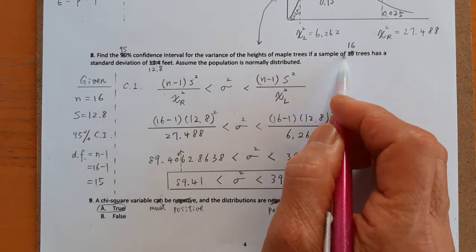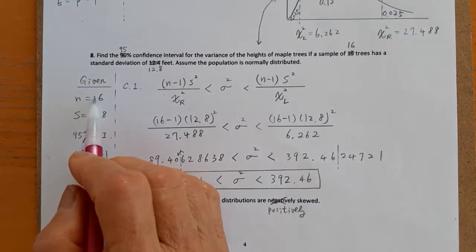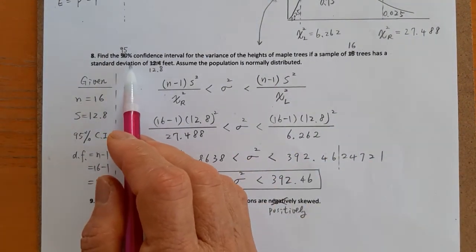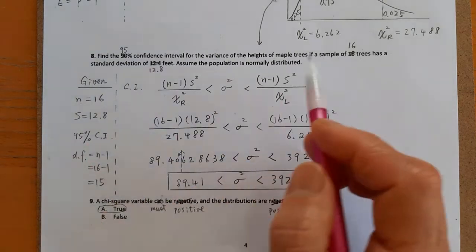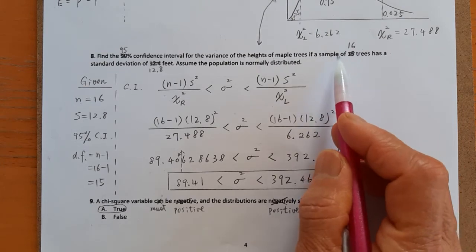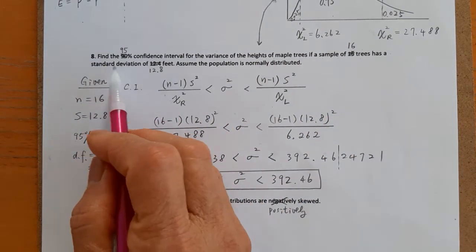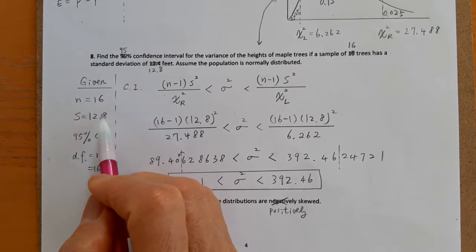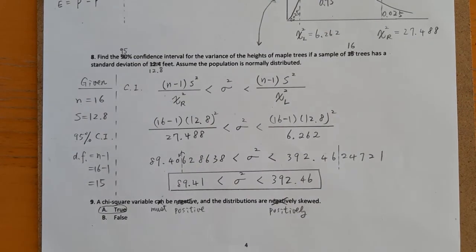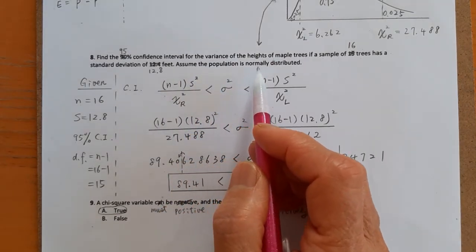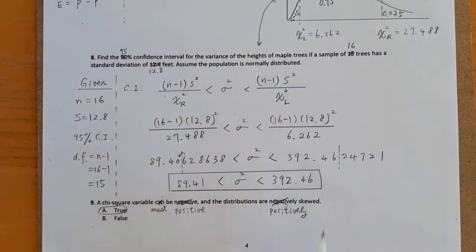If a sample of 16 trees, so n equals 16 trees, has a standard deviation, so s, because it is a sample of 16 trees, so this is the sample standard deviation, s equals 12.8 feet height. And assume the population is normally distributed.